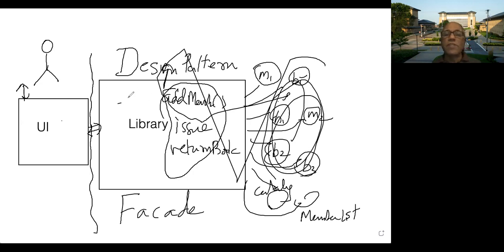The user interface is simply knowing all these methods. So the facade, what it does is it keeps track of all the objects that it has and uses them in whatever way it thinks is appropriate to achieve this functionality. So there are well-defined ways of interacting with it.